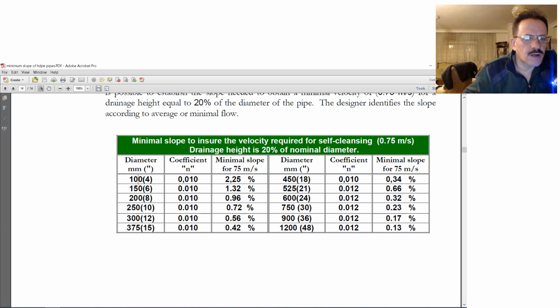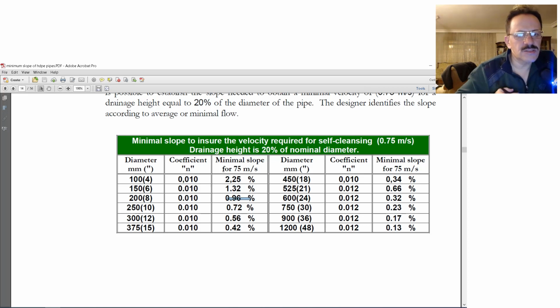Usually we start with a pipe of 8 inches or 200 millimeters, so the minimum slope is 0.01, so at least the pipe should have 0.01 percent. This is 0.01, this is the Manning, it's 0.96 percent.